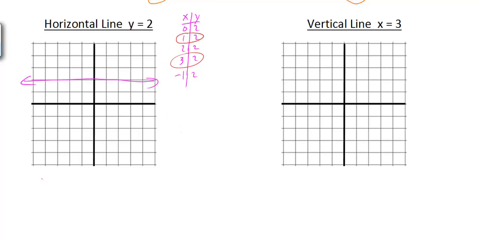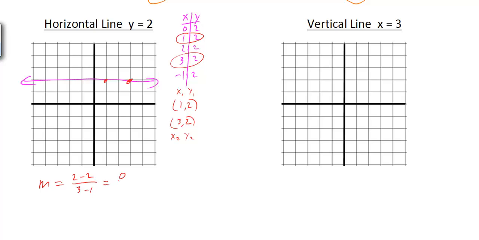So if I plug them into our formula, x1, y1, x2, y2, we're going to end up with 2 minus 2 on top and 3 minus 1 on the bottom.